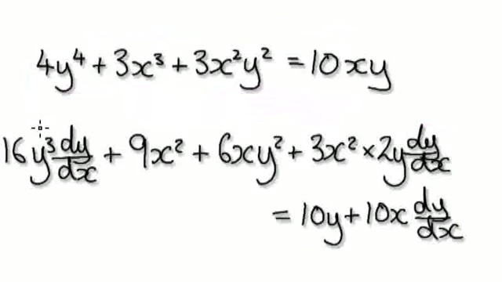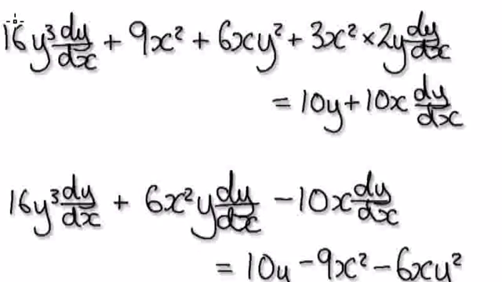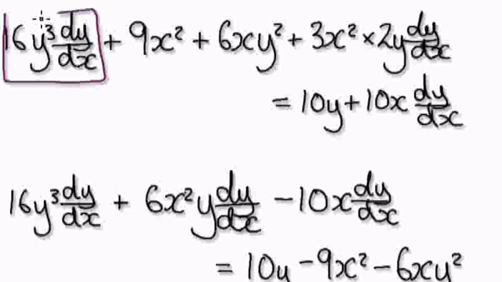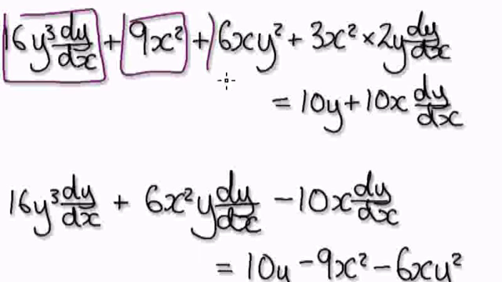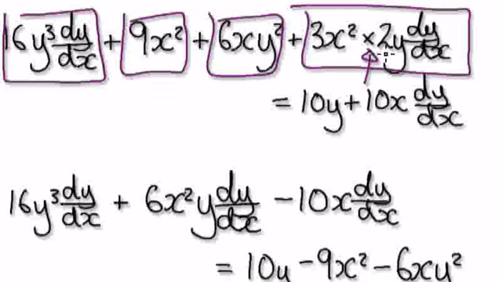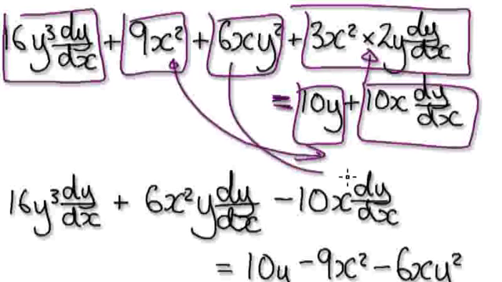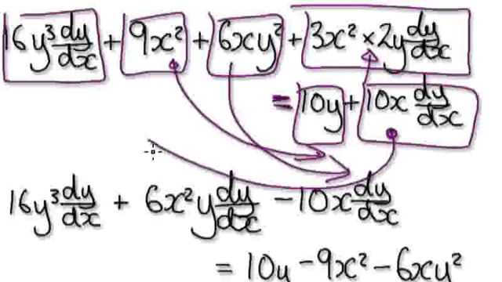Okay, and then the next step: somehow get dy by dx on its own. Now imagine you've got one block plus another block plus another block. Don't forget this is one block because there's a times in here. You want to get all the dy by dx terms on one side. Remember the equals sign is here, so get this block over to the other side, and this block over to this side.